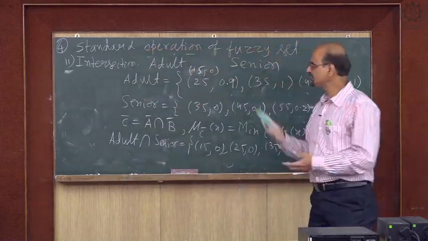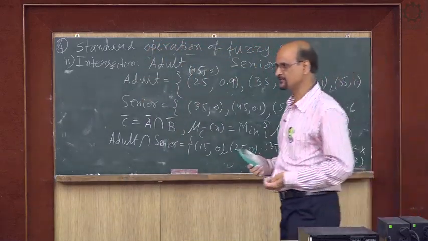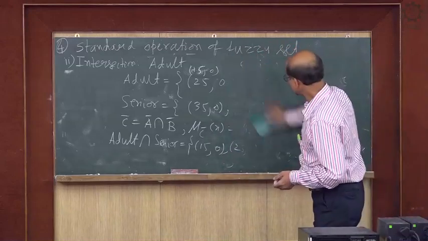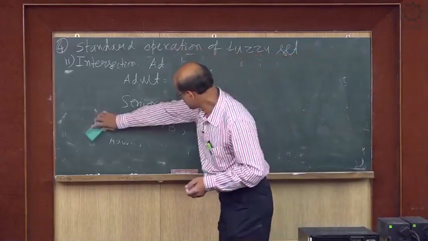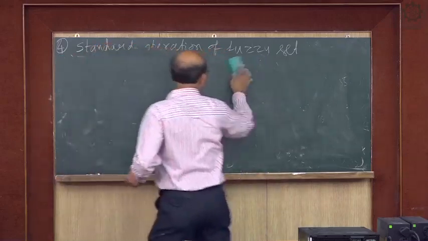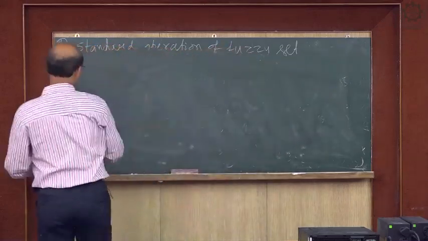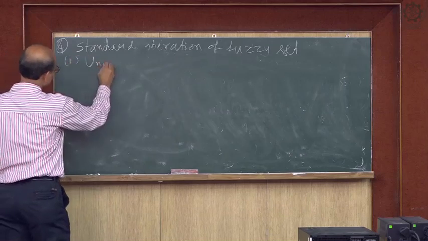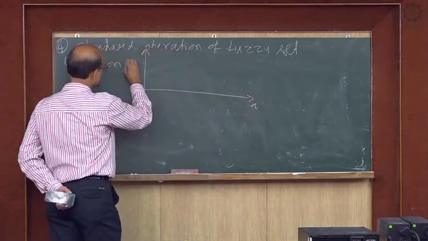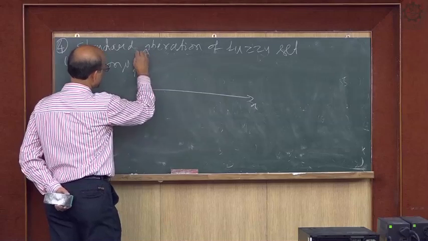Okay. Now, let us see geometrically what is happening, because that is very important. Let us first come to the union, and it is more or less like crisp set theory. If you see the geometrical, for union, if I have x and mu, and this is 0, this is 1.